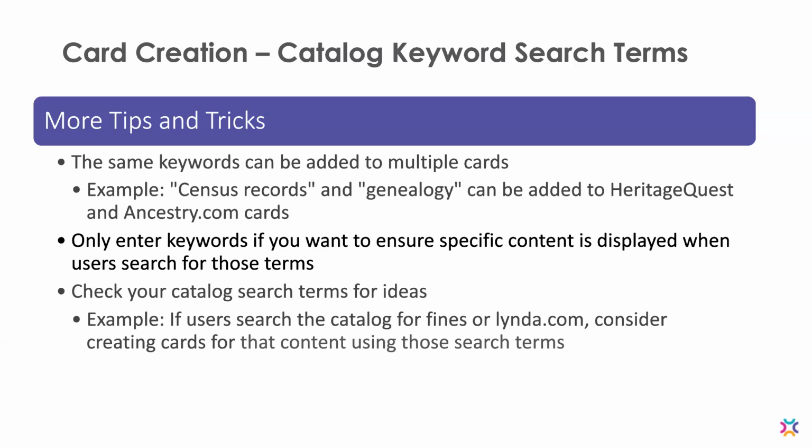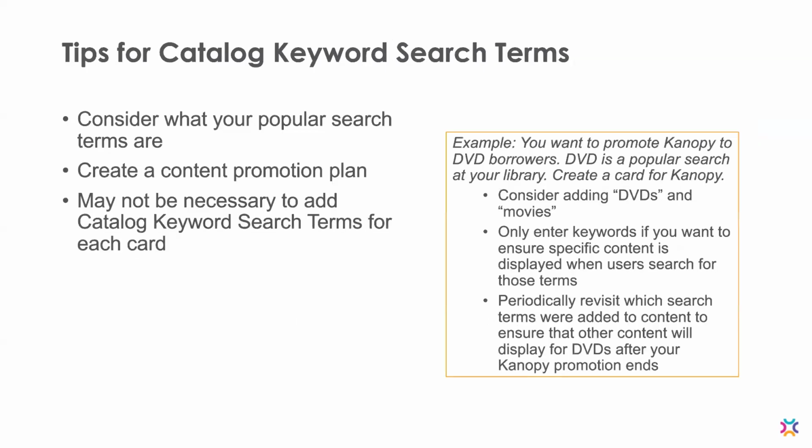You could still leverage content promotions, like make a custom card that goes to your FAQs about Finds. So that's what's cool about the catalog keyword search terms: it does give you a lot of power. I just want you to use it for good.